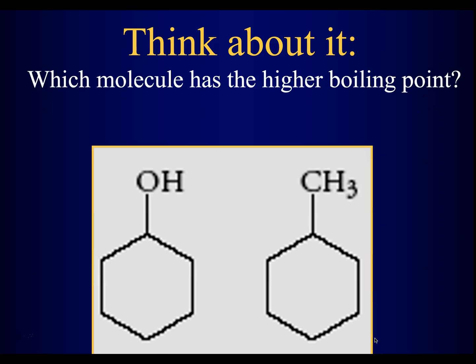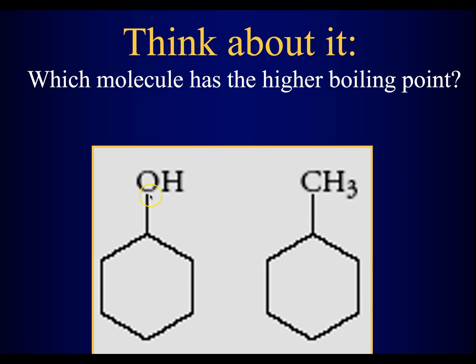So let's look at another one. Which of the following molecules has a higher boiling point? Is it going to be a ring with an OH or a ring with a CH3? Take a couple seconds and think about which one will have a higher boiling point. Well, it's going to be the one with the hydrogen bonding, the OH.